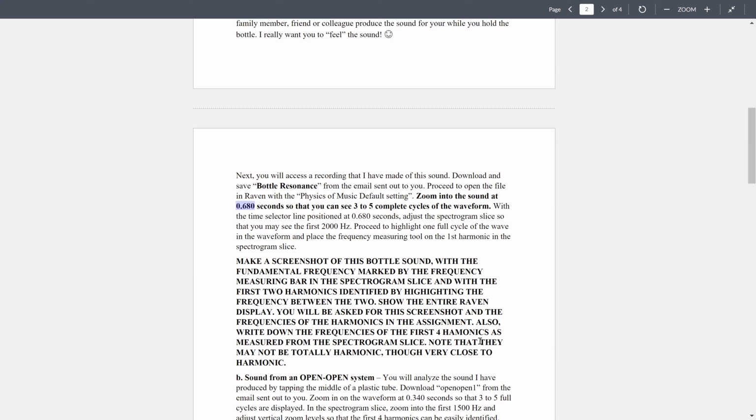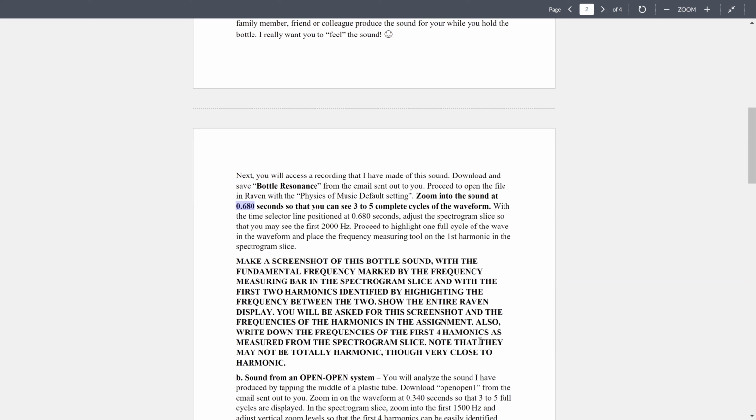This is a water bottle that this was gotten out of. Not a perfect musical instrument, not completely cylindrical. It's going to have some blobby, messy portions of it in the spectrogram slice. Not really nice, sharp harmonics, but you should find that the first 4 frequencies within reason are very close to being integer multiples of the fundamental frequency.